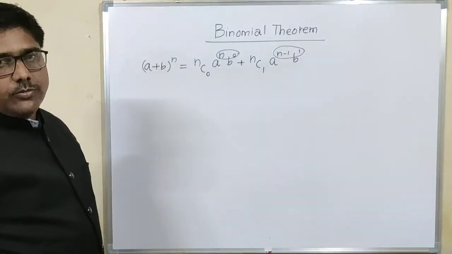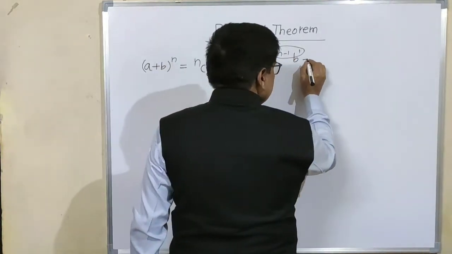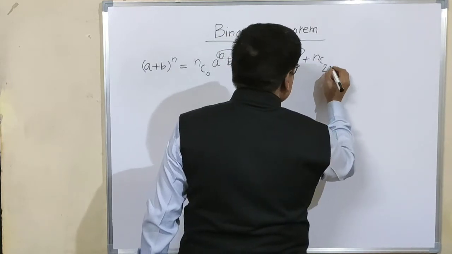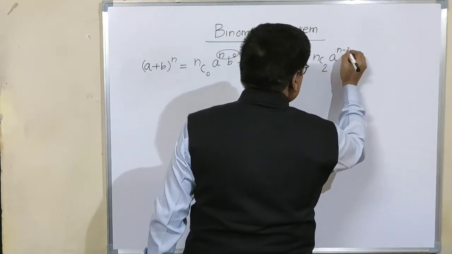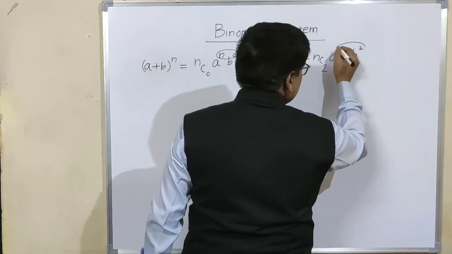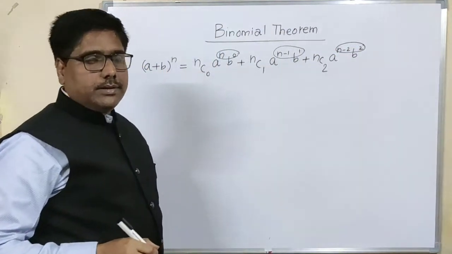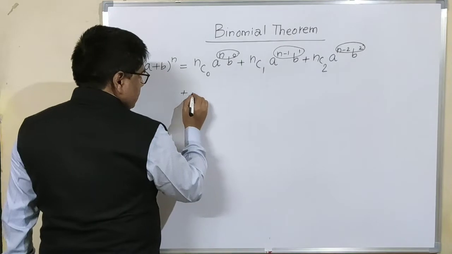Therefore, the next term would be nC2 a raised to n minus 2 b raised to 2. Here the sum is again n, and so on.